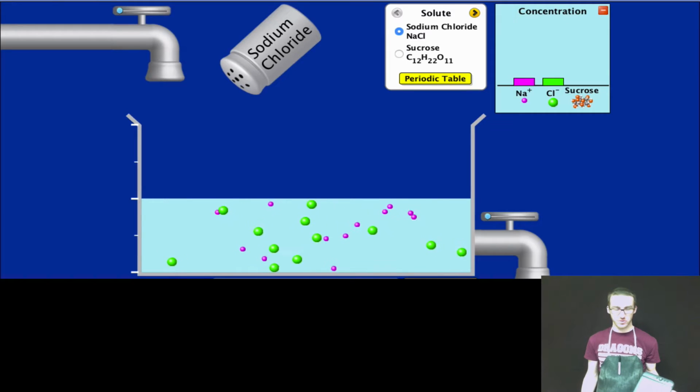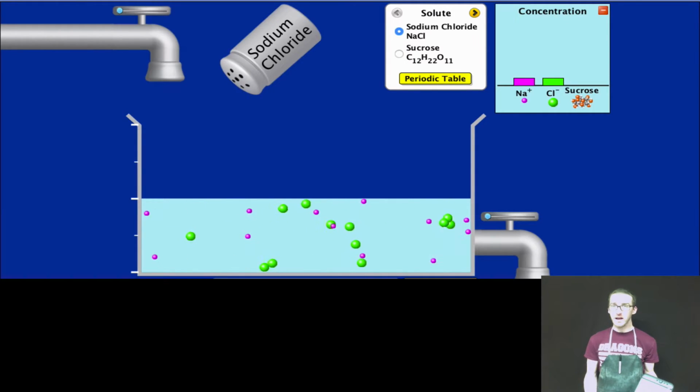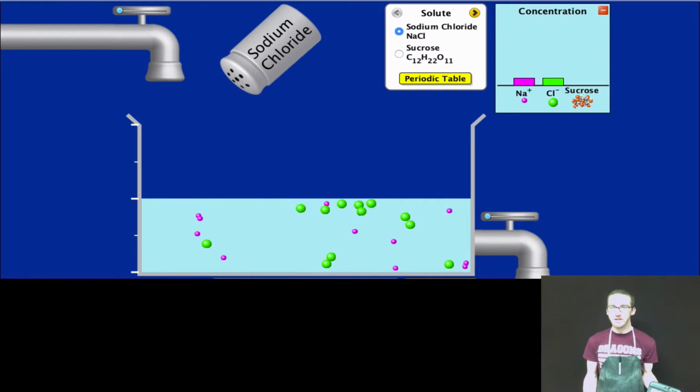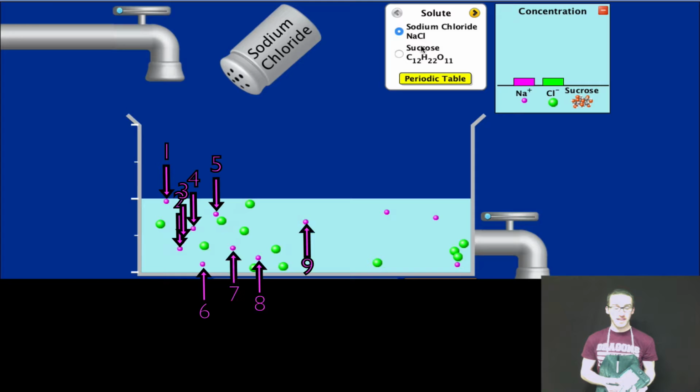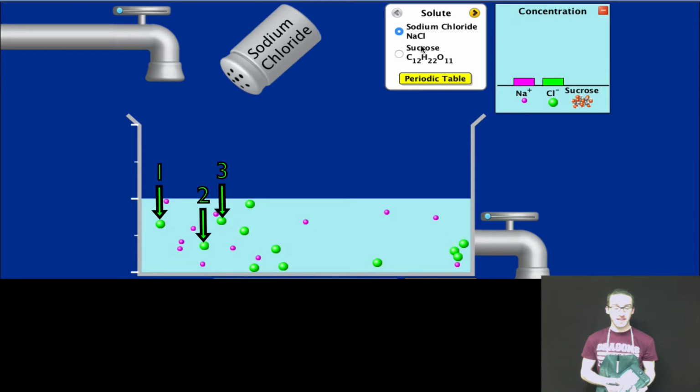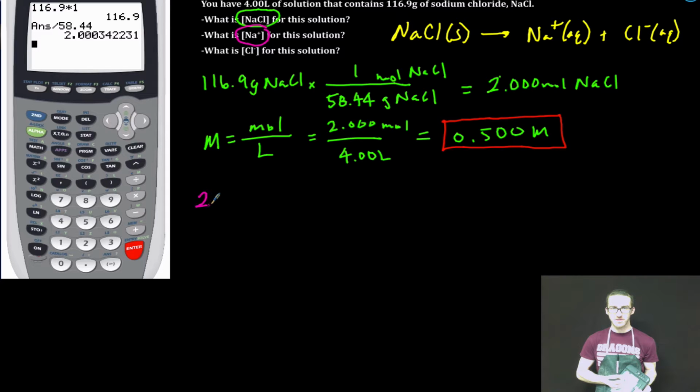Come back to this thrilling animation. For every 1 formula unit of sodium chloride that I put into solution, I got 1 sodium ion. In other words, if I have 2.000 moles of sodium chloride that I added to solution, recognize that the ratio between sodium chloride and sodium ions is a 1 to 1 ratio.